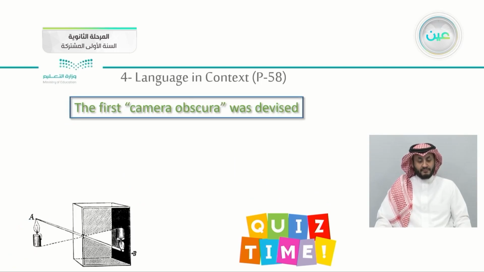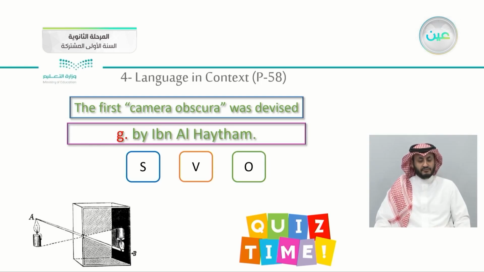One more. Here, the first camera obscura was devised. Who devised it? Who invented it or started it? It was invented by Ibn al-Haytham. So the camera that we use today, the first invention was made by Ibn al-Haytham. This is the object, the thing that was done, and Ibn al-Haytham is the subject.